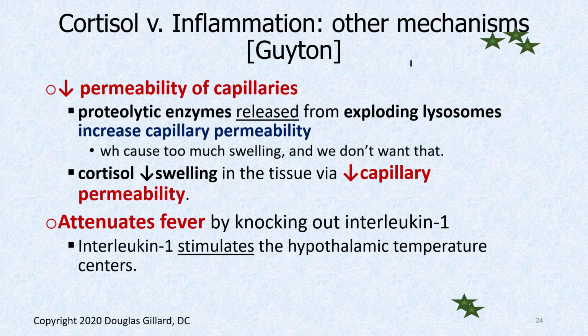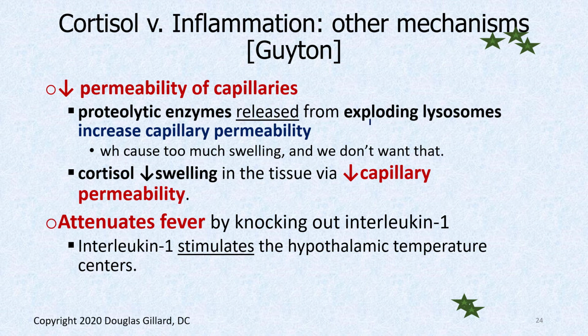Other mechanisms. They also cause decreased permeability of capillaries. Proteolytic enzymes released from the exploding lysosomes can increase capillary permeability. And that's not good because that causes blood fluid to leak into the interstitium and causes swelling.